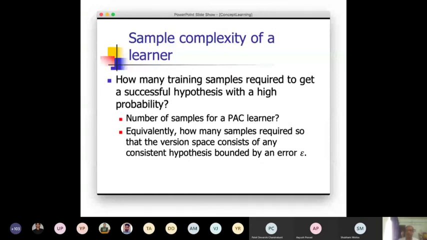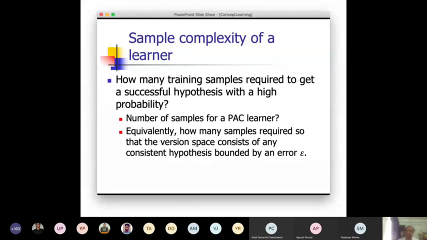The version space means you will get hypotheses consistent with respect to your training samples. So it is a candidate elimination type of algorithm, which will give you all the hypotheses that are consistent. But you would like to get those hypotheses bounded by error epsilon.